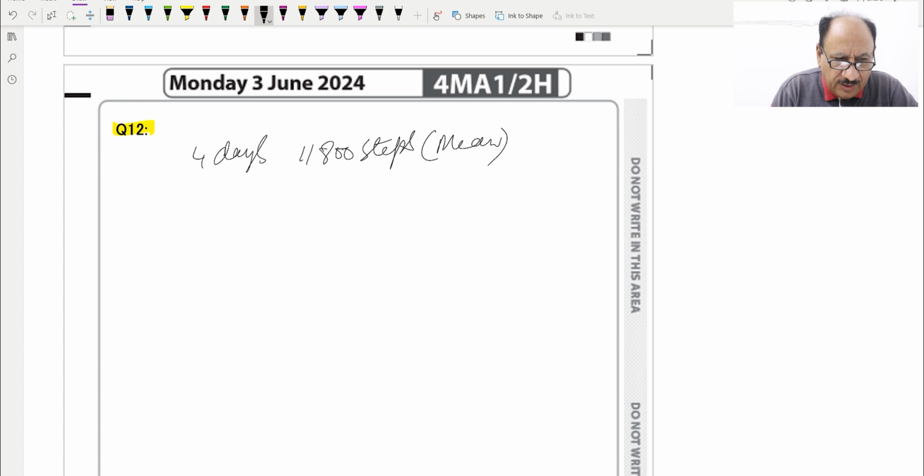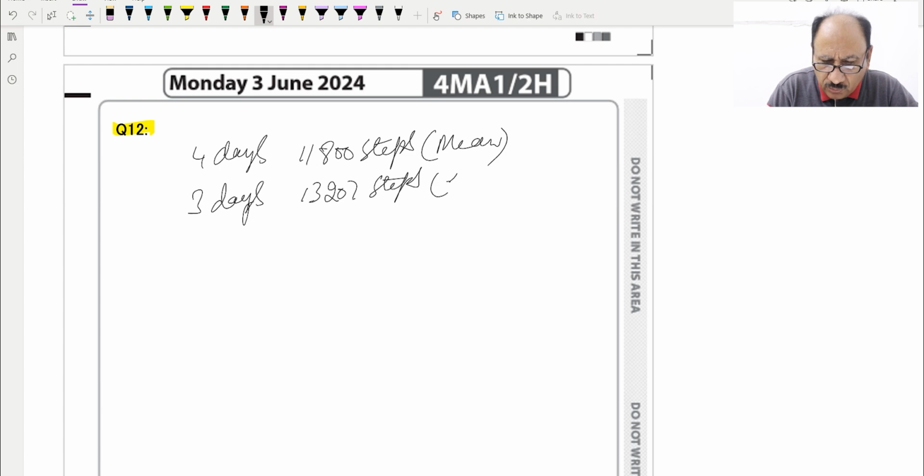And for the next 3 days his mean number of steps is 13207 steps, and this is also mean. So work out the mean number of steps for the 7 days. So mean of 7 days is required basically.